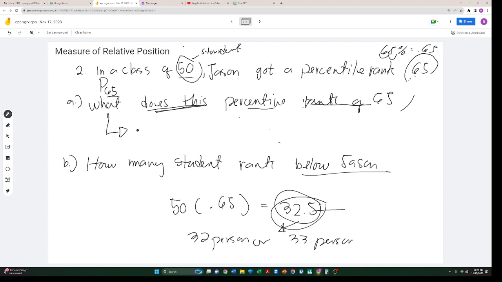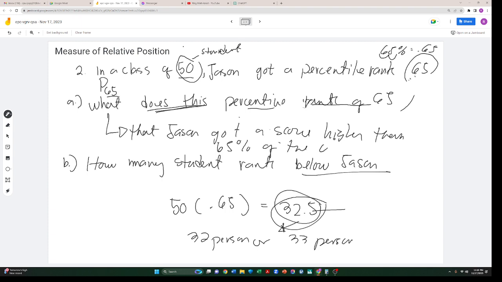Again, how do we interpret this, what does this percentile rank of 65 mean? The interpretation is that Jason got a score higher than 65% of the class.